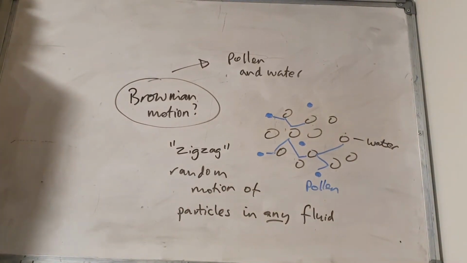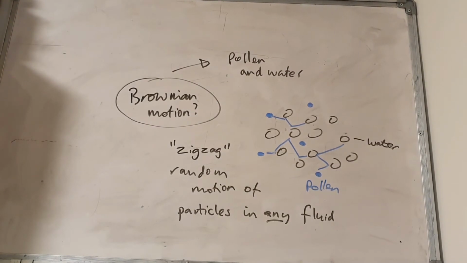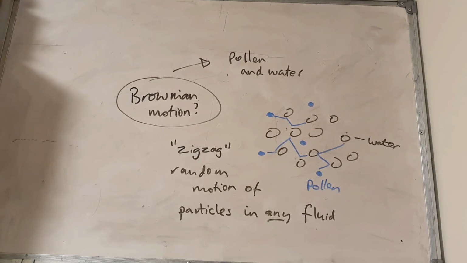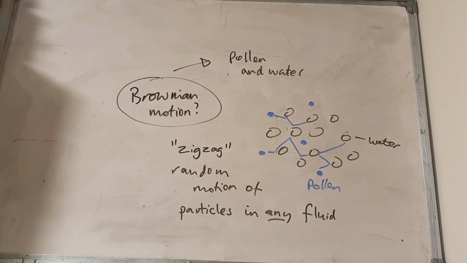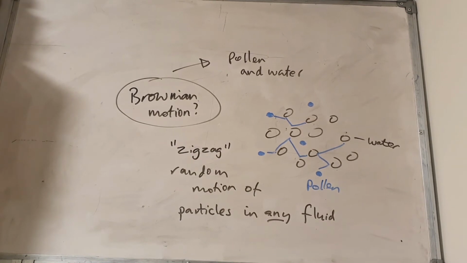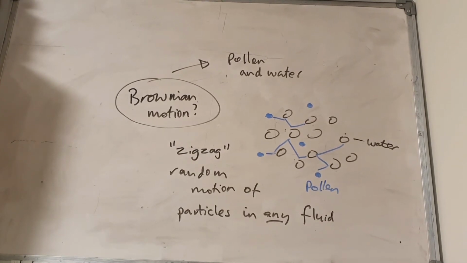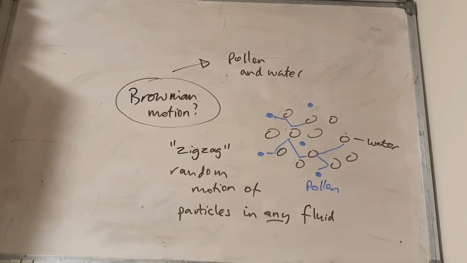The pollen hits the water molecules, and it goes in a zigzag random pattern as it goes through the fluid. So Brownian motion is random motion of the particles in any fluid or even suspended in the fluid.